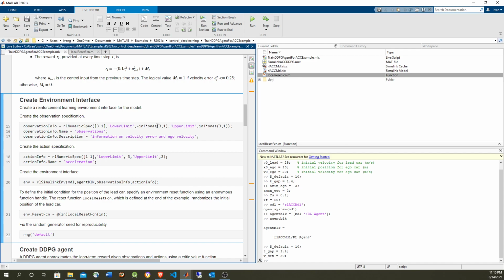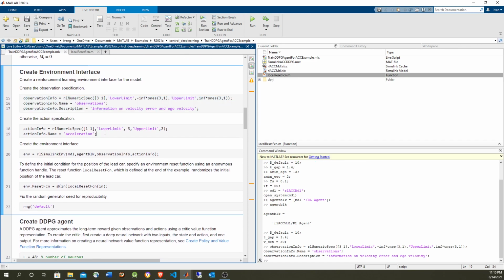The observation is going to be a vector of 3 elements, as we specified in here, and the lower limit is negative infinity and the upper limit positive infinity for both of them, so really there are no bounds. Let's create this. Now for the action, we also create a reinforcement learning numeric spec, and it's only going to be a scalar.